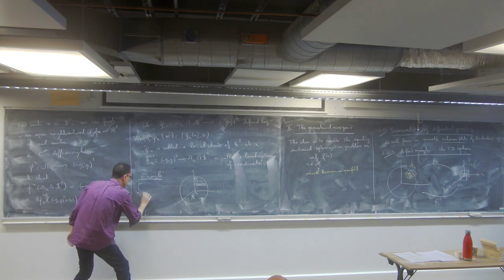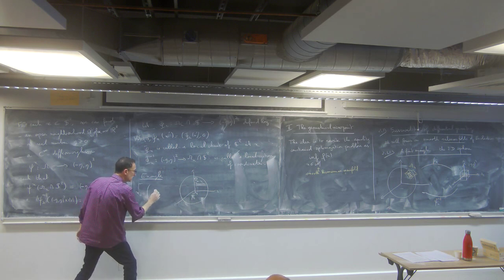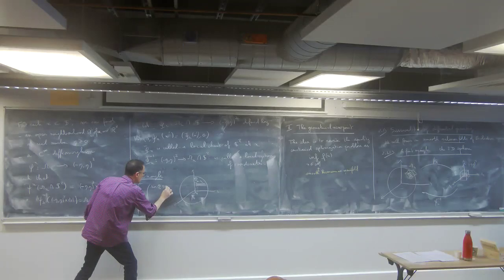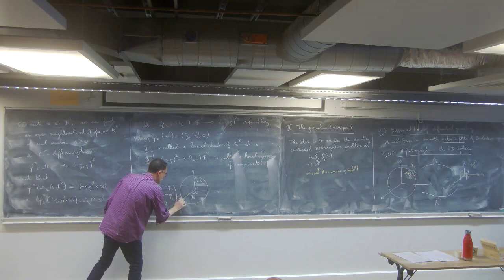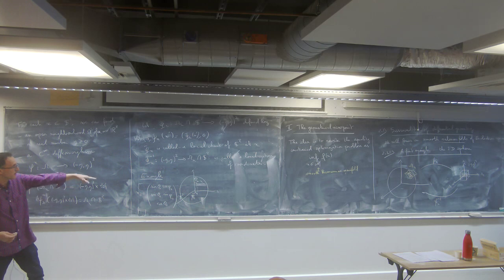It's a sphere of radius 1, so the coordinates of x naught are just sine theta naught cos phi naught, sine theta naught sine phi naught, and cosine theta naught.